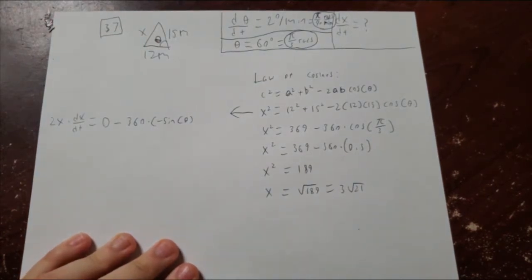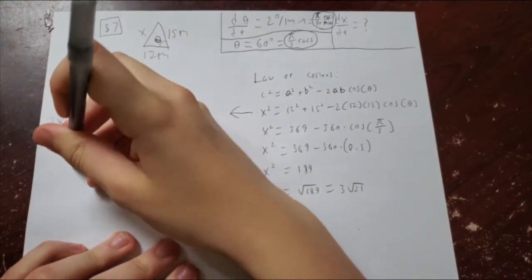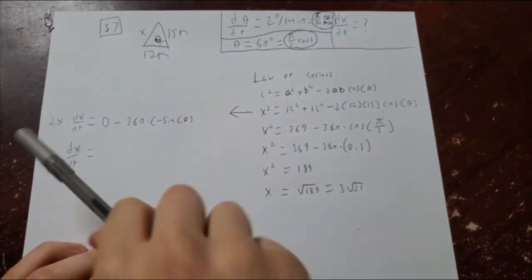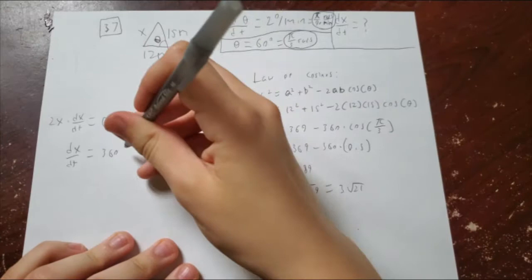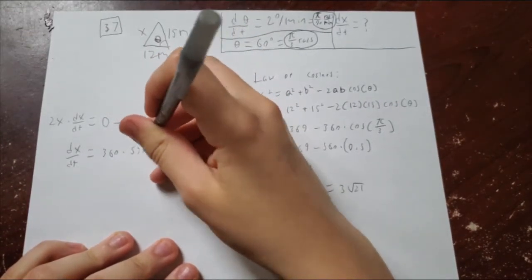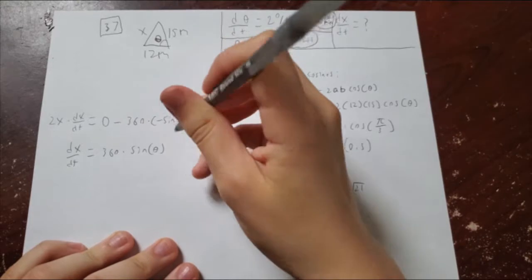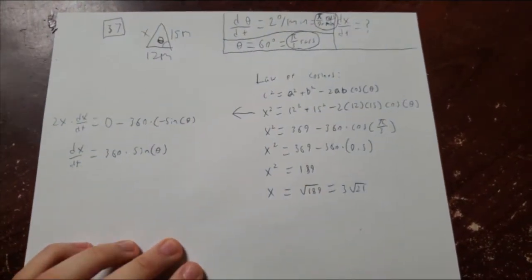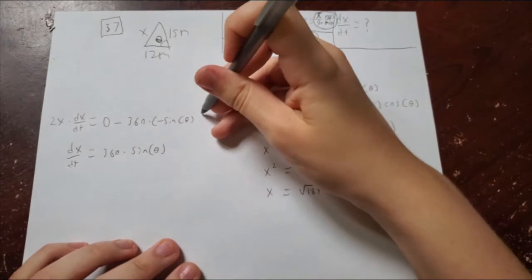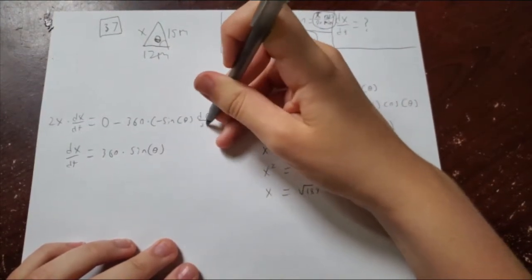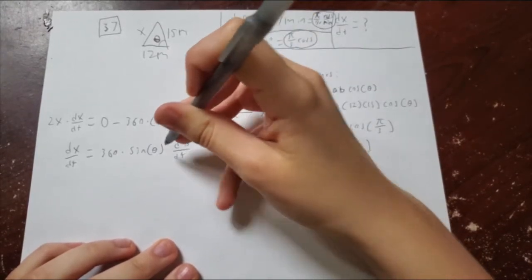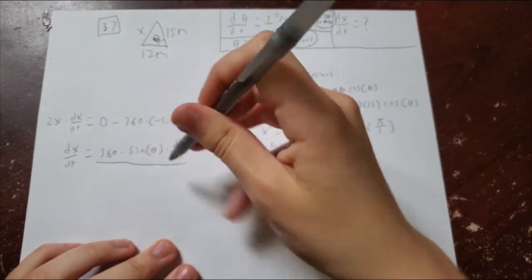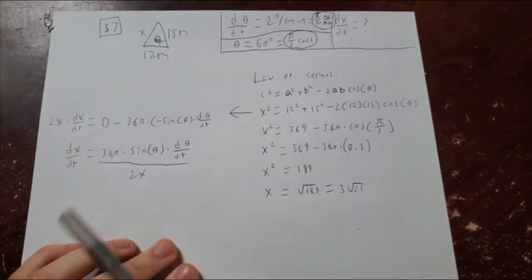So next we change that all to dx dt, and by moving this 2x, we'll eventually divide over by 2x. That's going to be 360 times sine of theta. I realized I made a mistake. We also have to include d theta dt over here, and then we'll divide by the 2x that we have from this one.